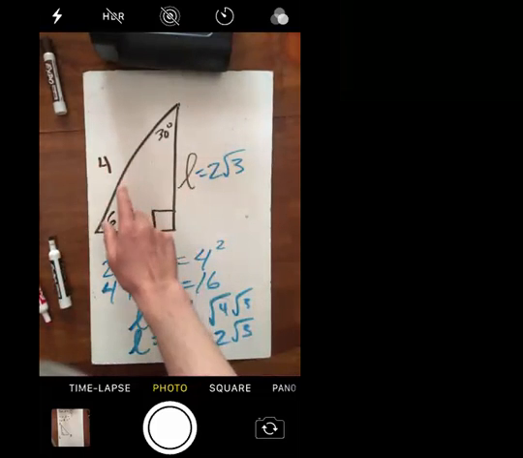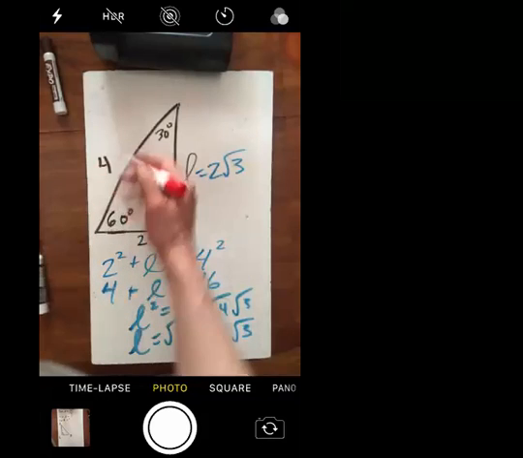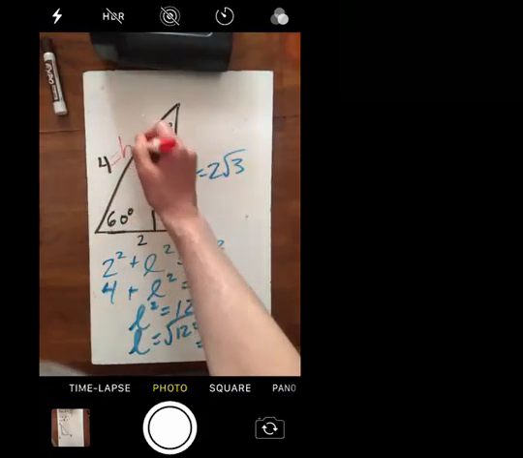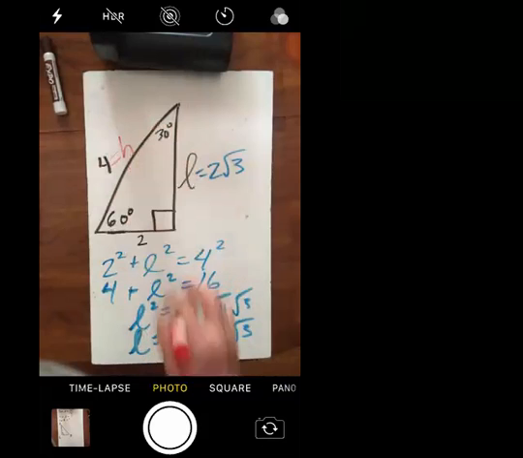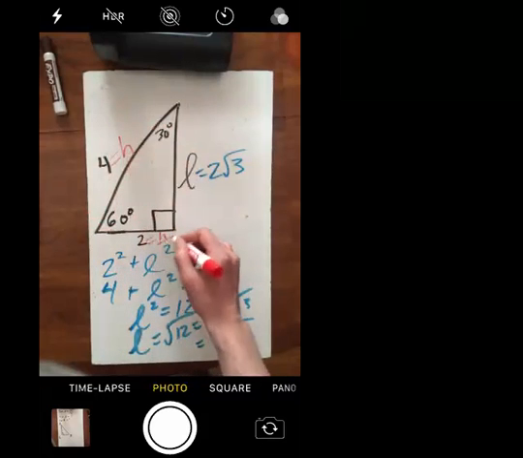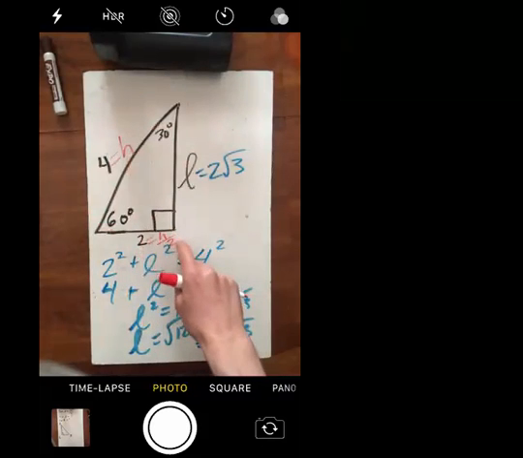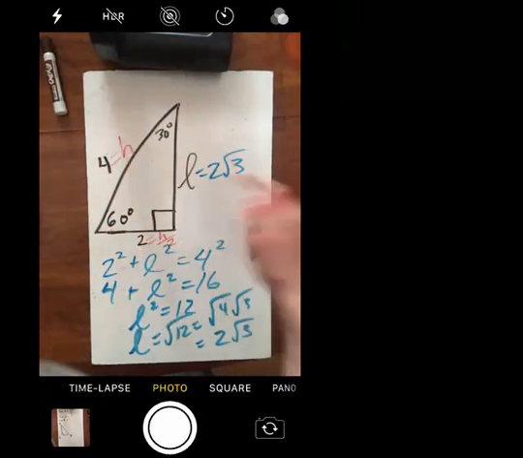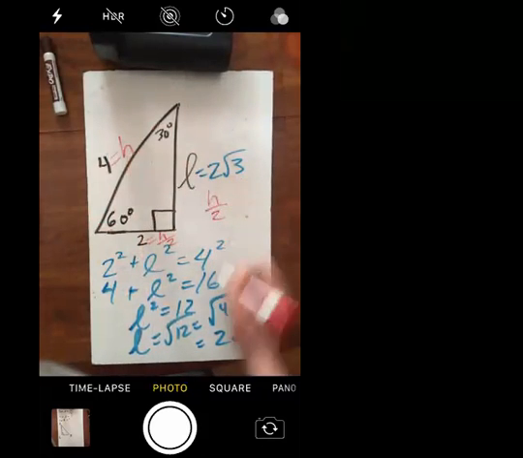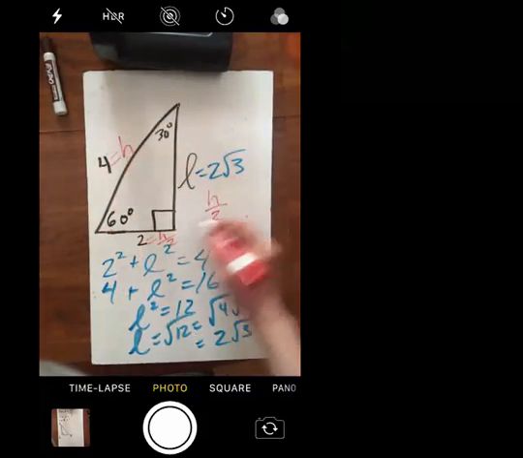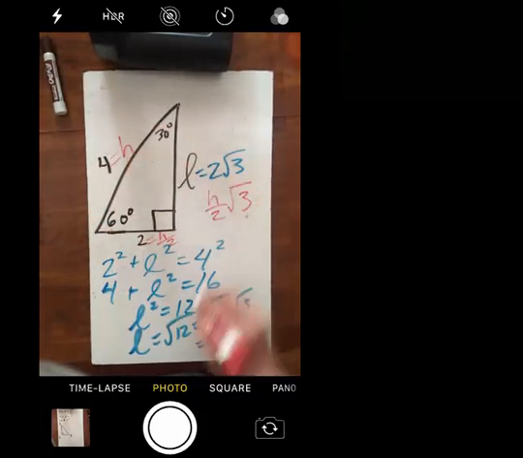So let's call this H. If this is H, then this must be H divided by 2. So this is H over 2. Then finally, this is H over 2 times radical 3.